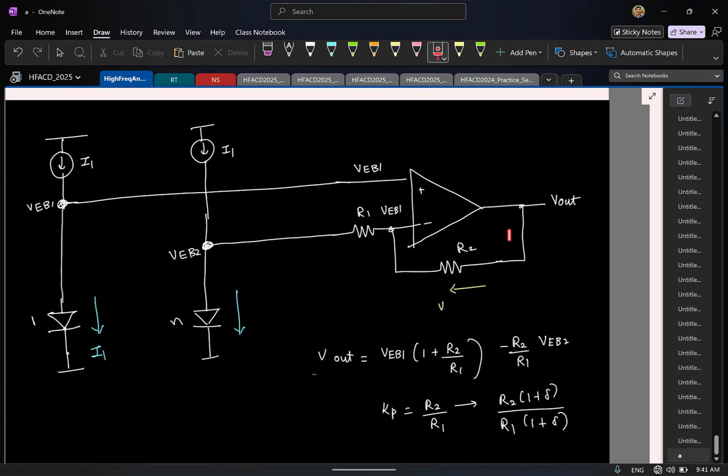What is the potential difference across R2? So the current flowing here is I1 plus this much.